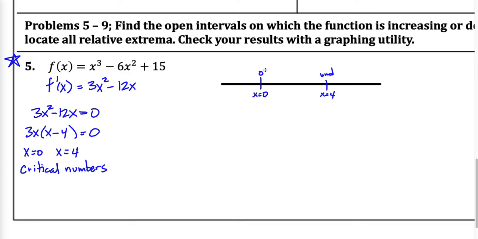The advantage of doing this is letting you know if it's going to be a critical point or not. A slope of 0 can be a critical point. An undefined slope usually can't be. But that's partially why I don't like writing it, because I usually just plug the number in to find out anyway.